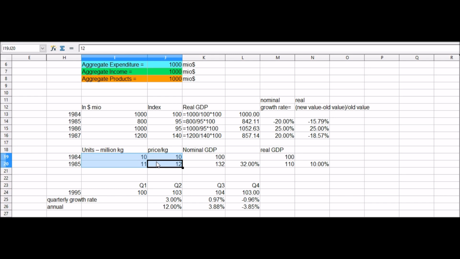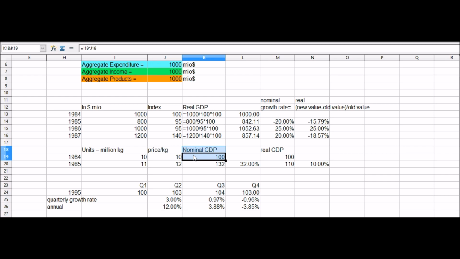So let's go back to a hypothetical economy, and let's assume that this hypothetical economy sells only one product, which is, say, butter. If the consumption of butter in 1984 was, say, 10 million kilograms, and the price of butter was, say, $10 per kilo, then our total consumption would be $100 million.